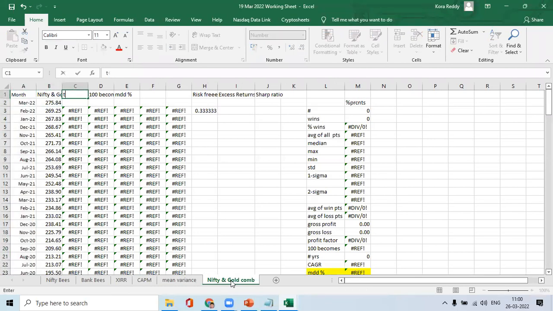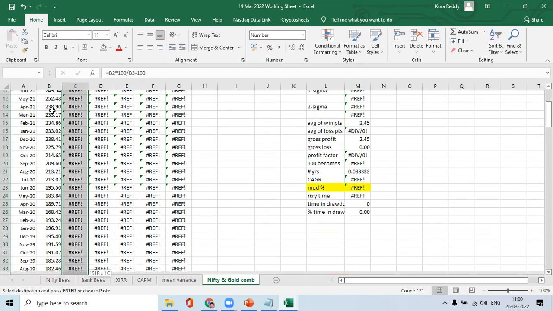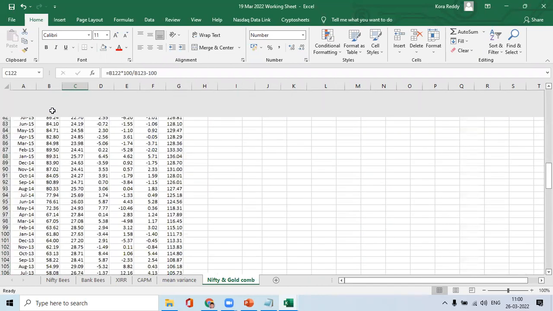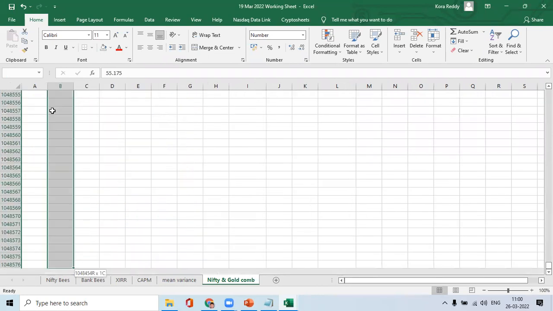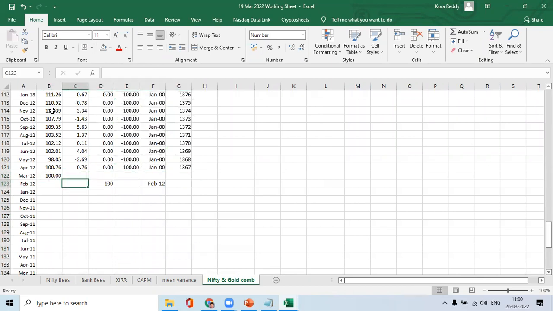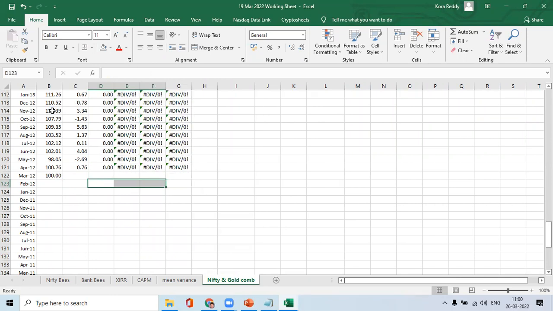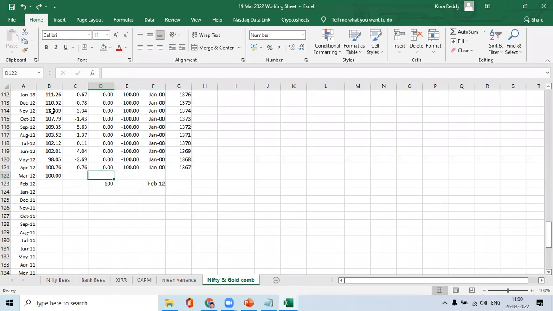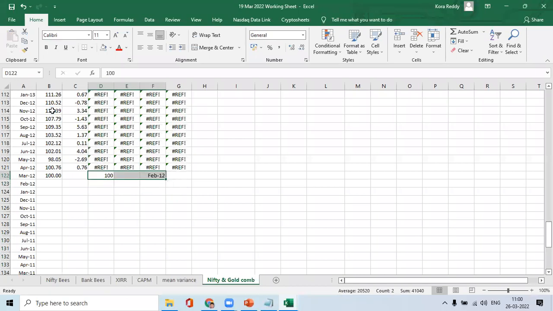And this is T percentage is simply some reference problems. Okay.